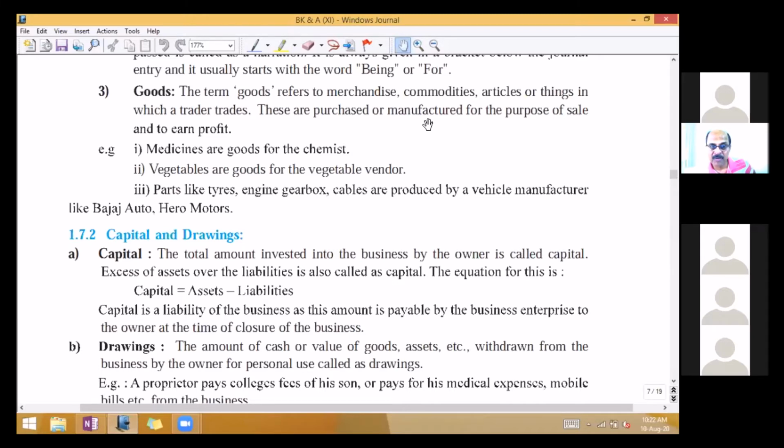But I still have to pay a liability. My loan is outstanding. My loan of 10 lakhs has to be paid. That means I have only 40 lakhs and that is my net capital. So finally, students, if you see one equation there in the text, capital is equal to assets minus liabilities. Can you understand that equation now? What it means?